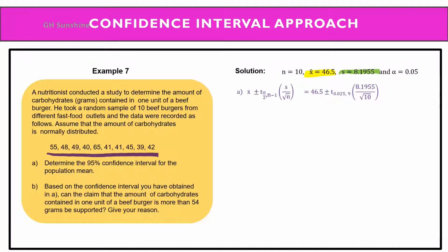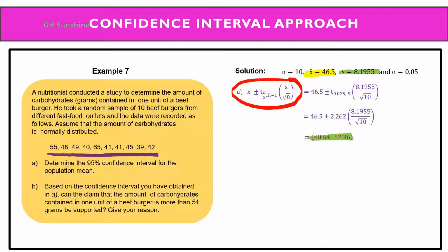So using this formula, we can calculate the 95% confidence interval for the population mean using T. So the final answer for the 95% confidence interval is in between 40.64 and 52.36. So this one is the final answer for question A.